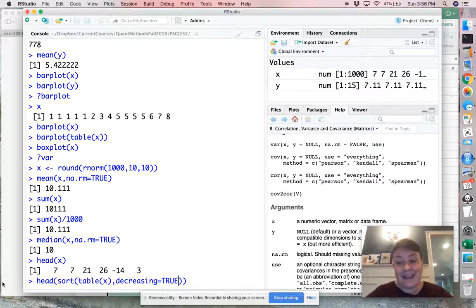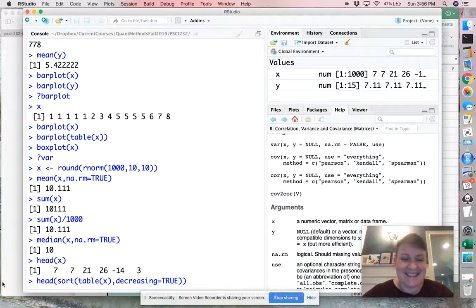So before I hit return and return the value, which should be 10, I want to describe what I've done. So start from the inside. The inside-most function is table X. Now, you've seen table before. It says, how many times does each unique value appear?